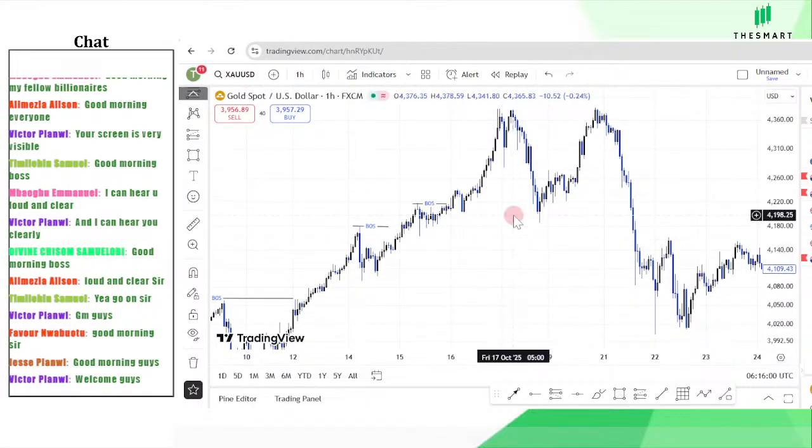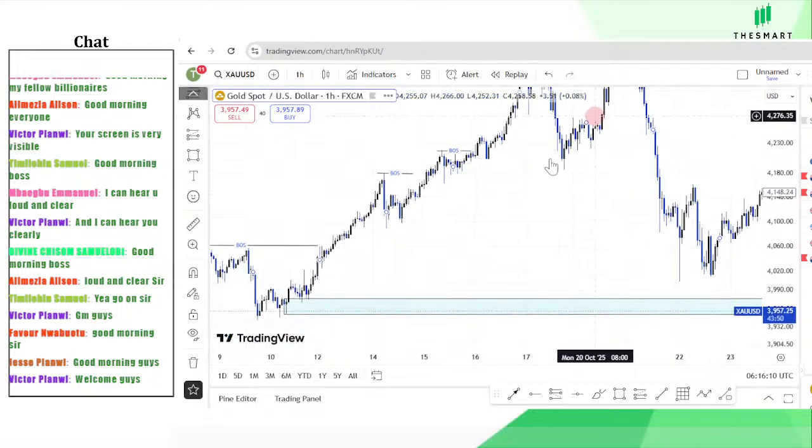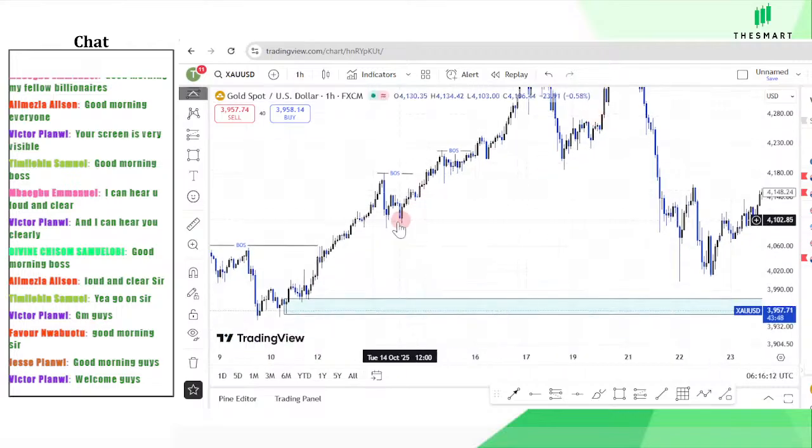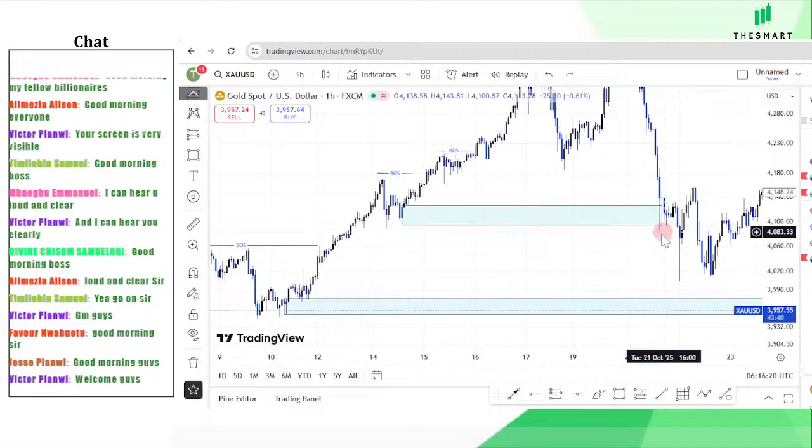As of last week, we had this sell to the downside, and you can see price tapped into the zone and crashed to the downside. The first zone we were looking at last week was this point, and price tapped into it, reacted a bit to the upside before crashing to the downside, and that's how we had this zone and this zone.